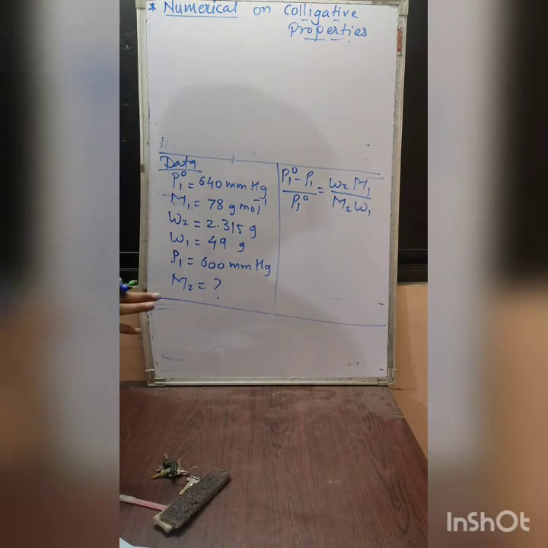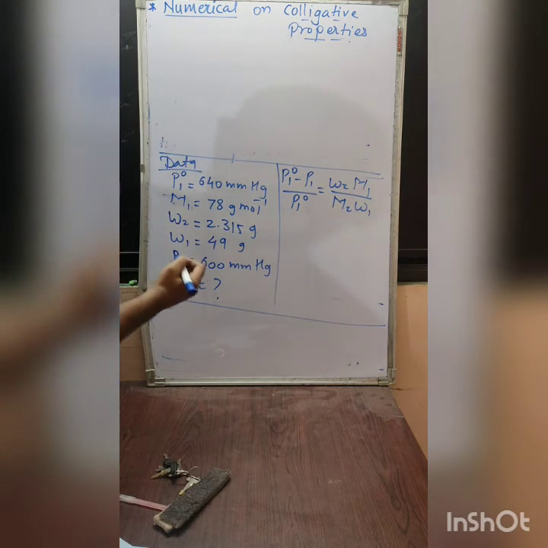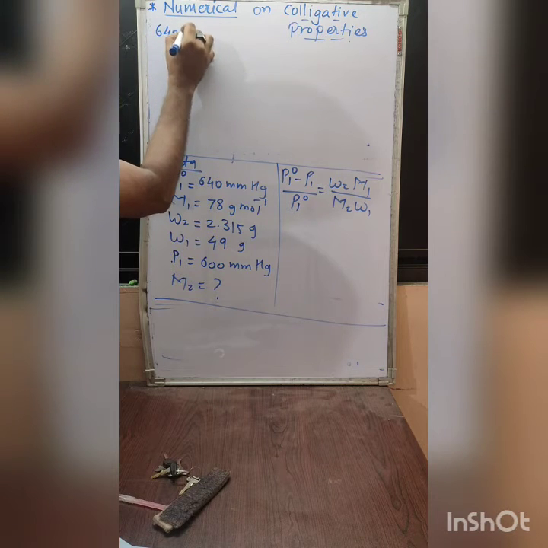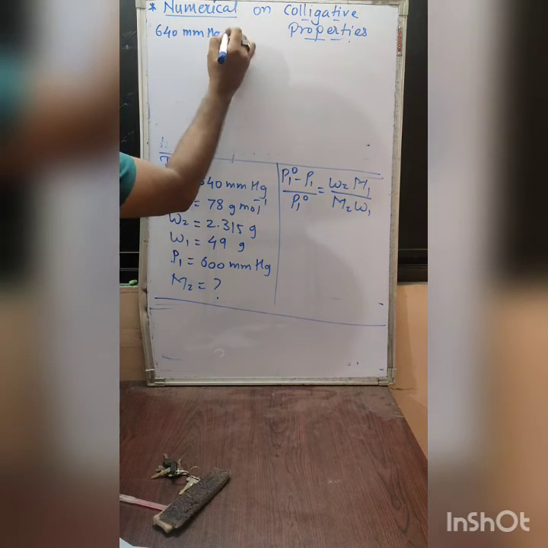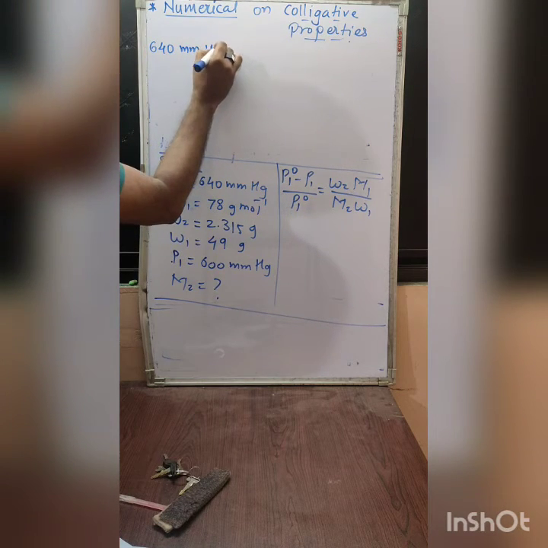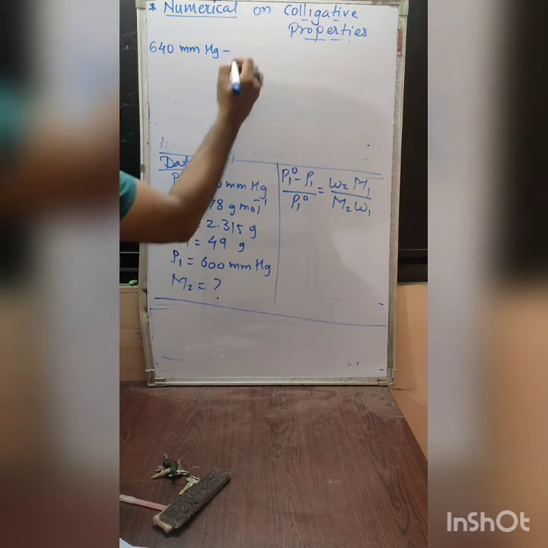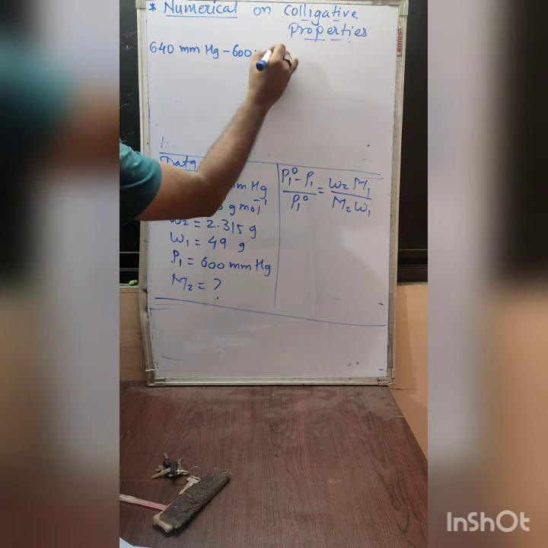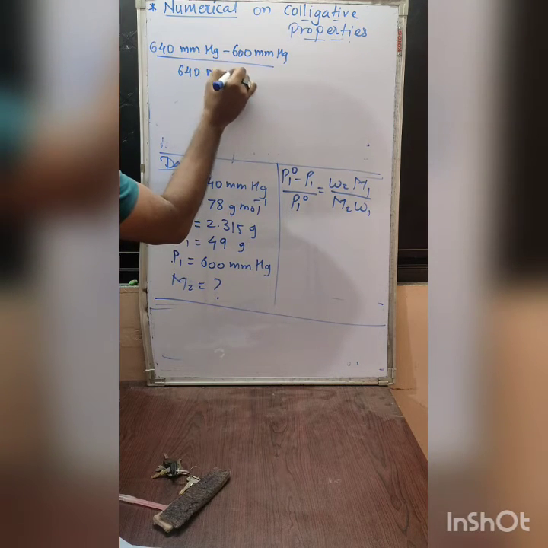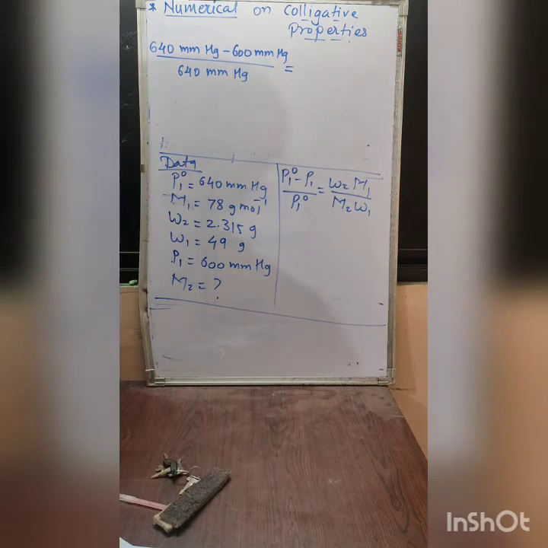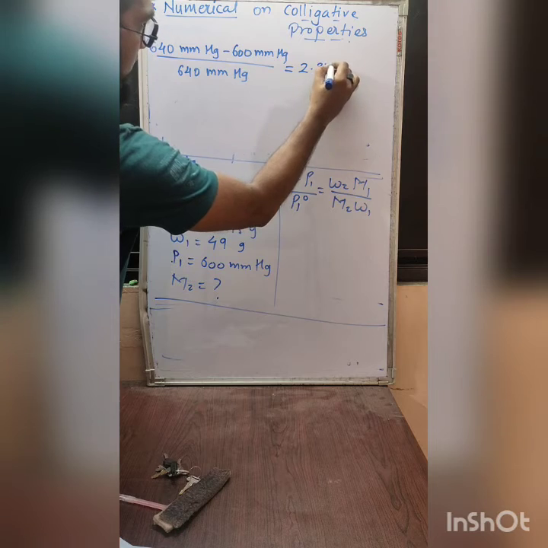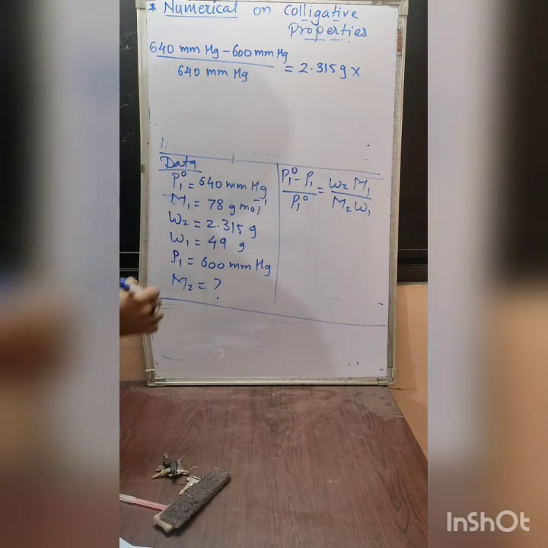In the formula we will substitute the values. P1⁰ is 640 mmHg minus 600 mmHg upon 640 mmHg is equal to W2, which is given, 2.315 gram, into M1.